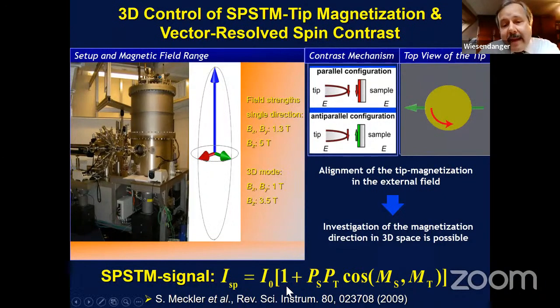And of course, the magnitude of the effect is governed by the choice of a magnetic tip. That's the only parameter you can play with to increase the magnetic contrast for a given sample. And this is what we have been working on during the past 30 years, to optimize our probe tips and our setups to really make these kinds of experiments happen.